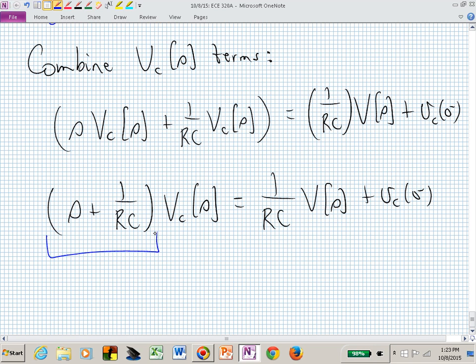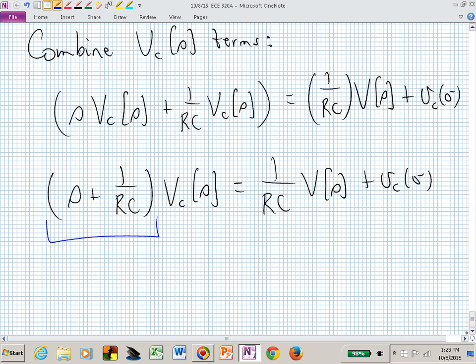It's nice to have a particular way of referring to that, and we're going to call that our characteristic polynomial. That's what governs the natural behavior, the natural characteristic of this system. If you kicked this system, it would shake based on the characteristic polynomial.